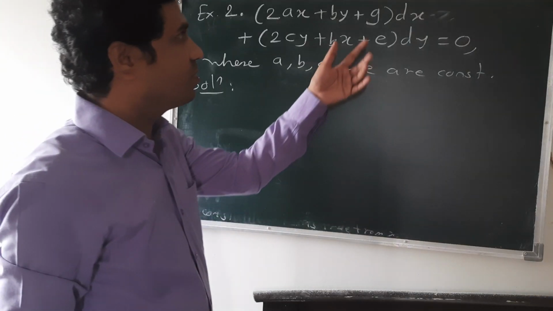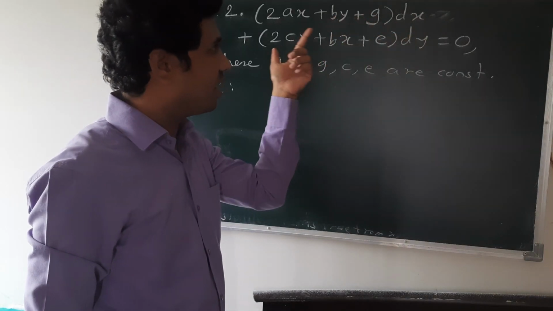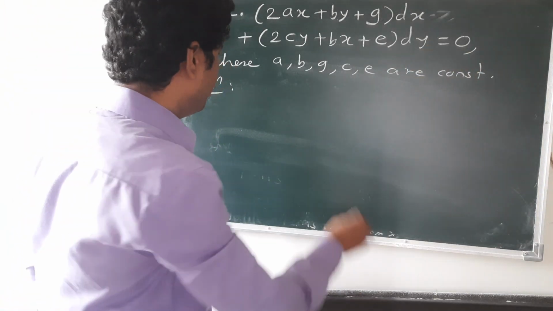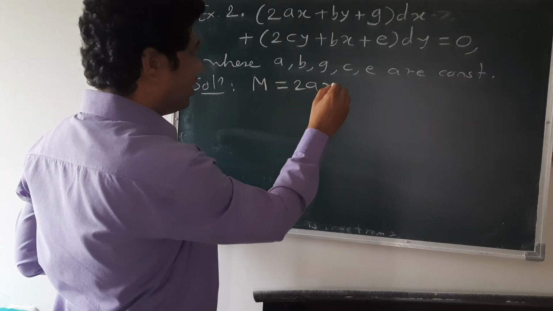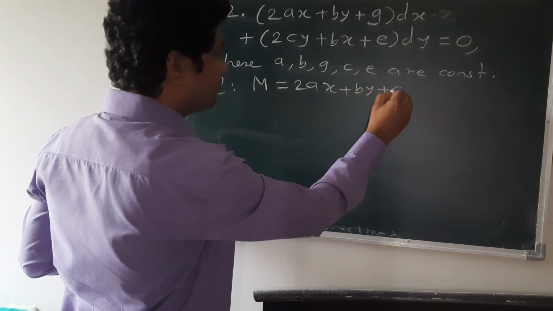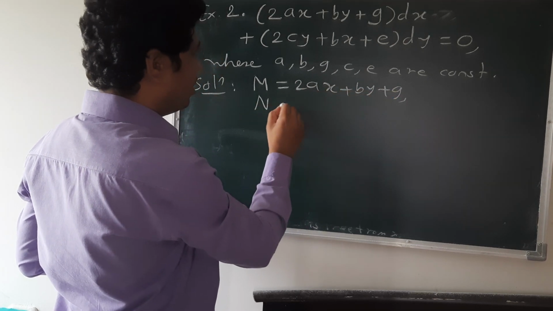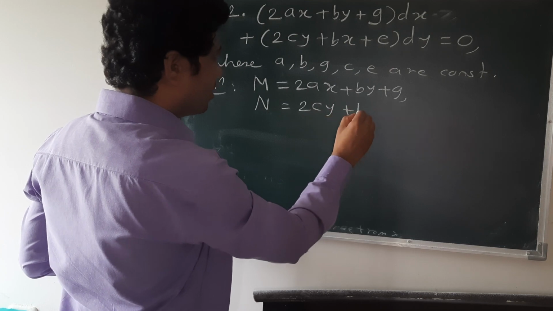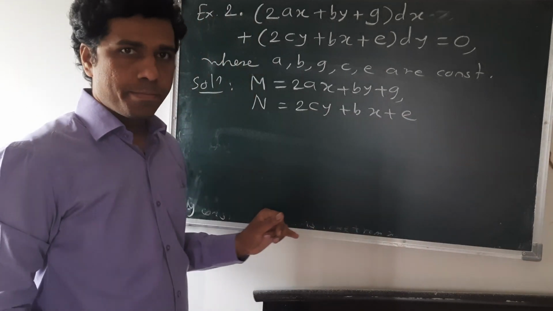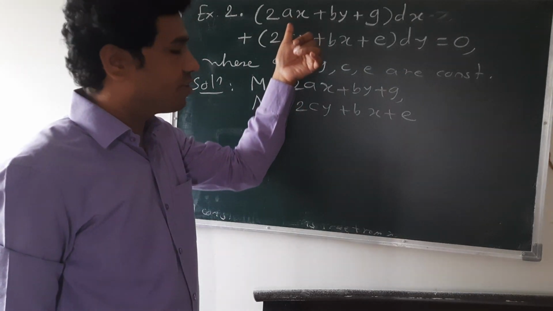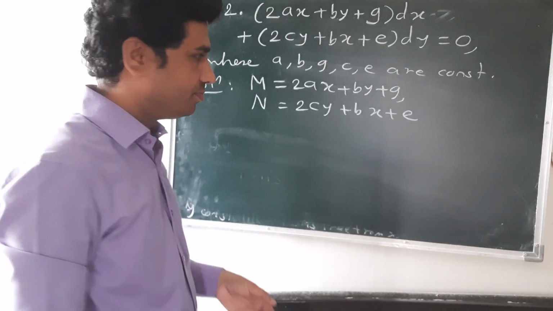So this is of the form M dx + N dy = 0, that is M is 2ax + by + z and N is 2cy + bx + e. Now we check whether this differential equation is exact.